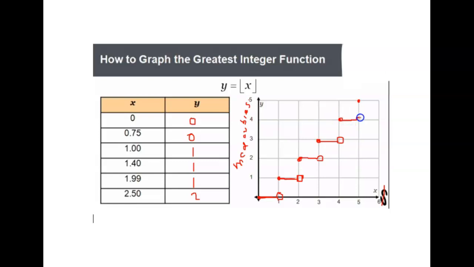So this is why this is called the step function. And notice this one would be the floor, because it's going down. We're rounding down to each one of those values, and then we jump up to the value once we reach it. So this is why this is called the floor function.